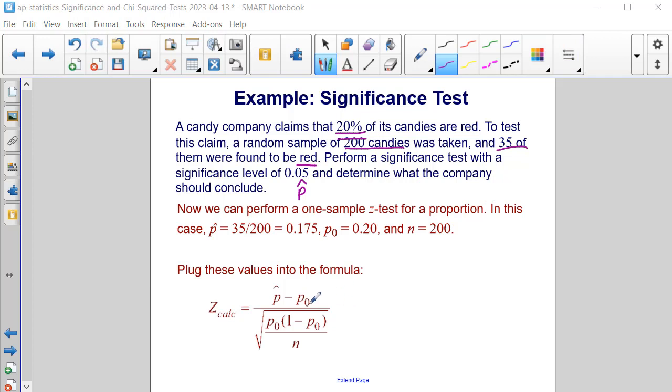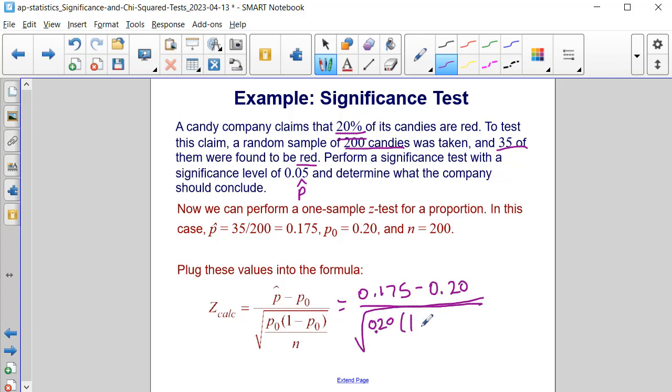We can then substitute these values into our formula, and we're going to get 175 thousandths minus 20/100, divided by the square root of 20/100 times 1 minus 20/100, which is 80/100, because that's easy to calculate, and then divide that by n, which is 200.